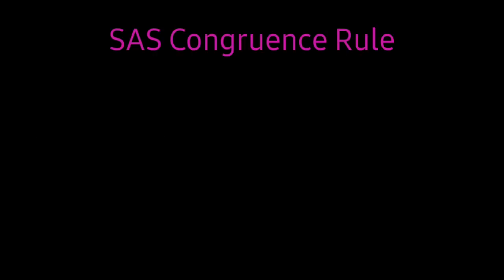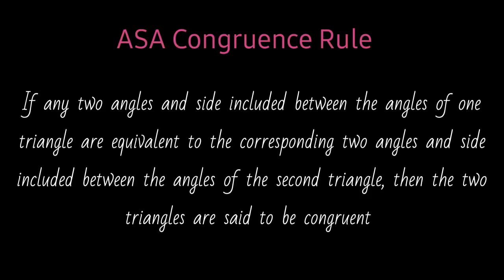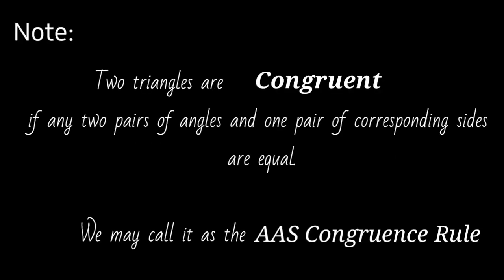Then comes criteria for congruency of triangles. You have studied 4 criteria. First one, SAS, side angle side congruence rule. Then ASA rule. Children, you should know one more thing. By applying the angle sum property, we can apply the AAS congruence rule also for proving congruency of triangles.